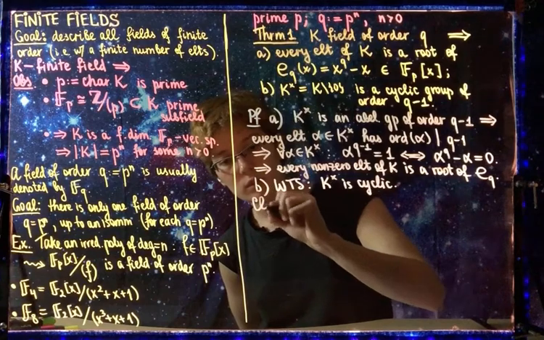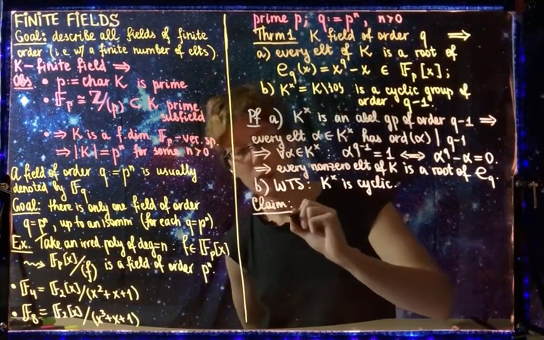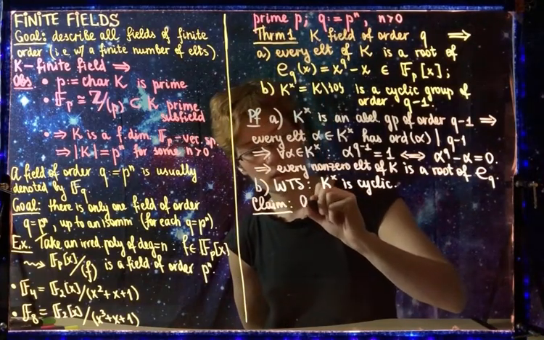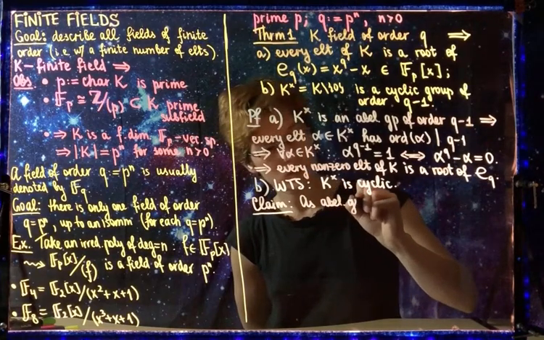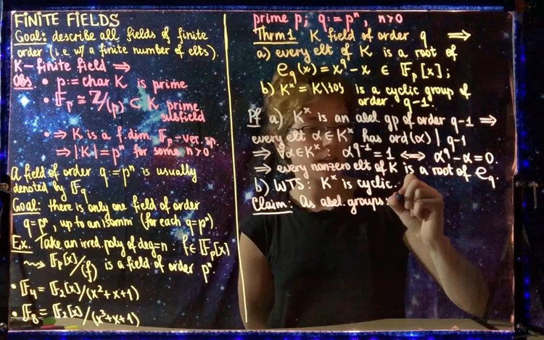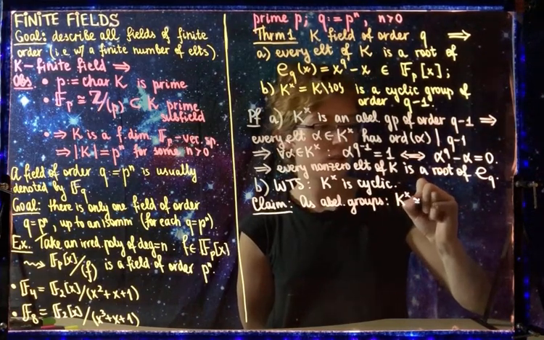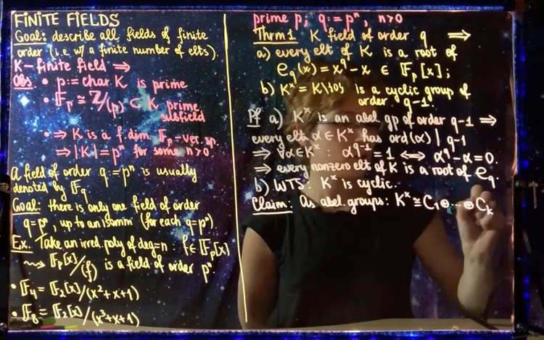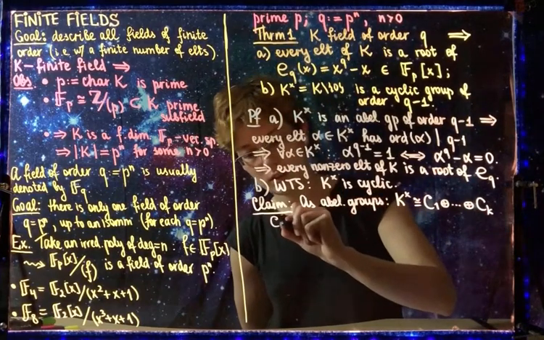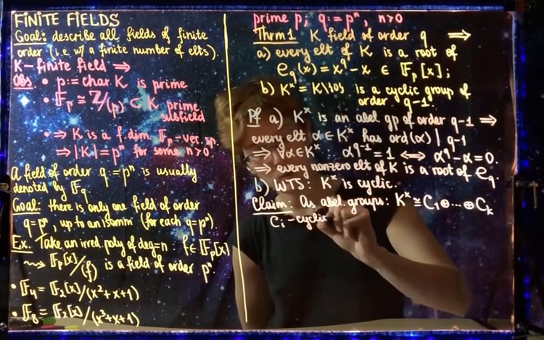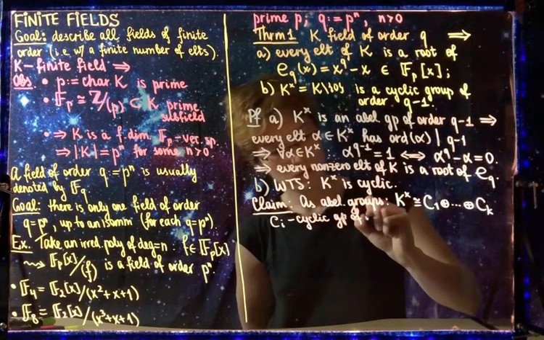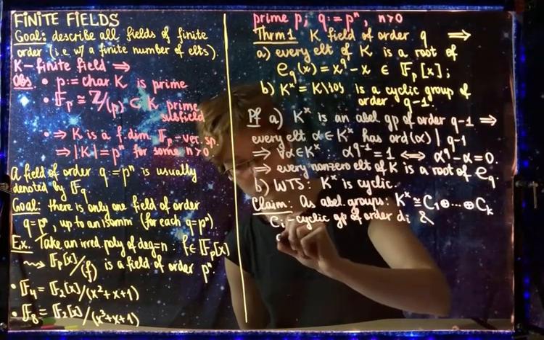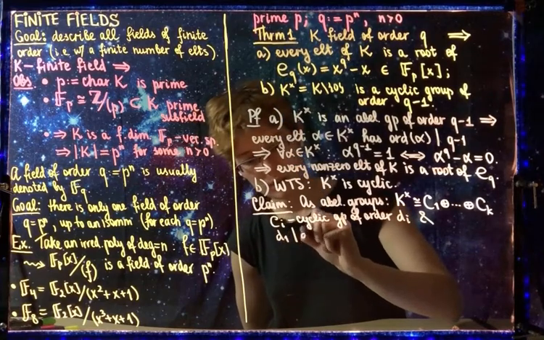So I claim that by the structure theorem for abelian groups, I can arrange K star into a direct sum of abelian groups C1 through Ck, where each Ci is a cyclic abelian group of order, let's say, di, and their orders divide each other.